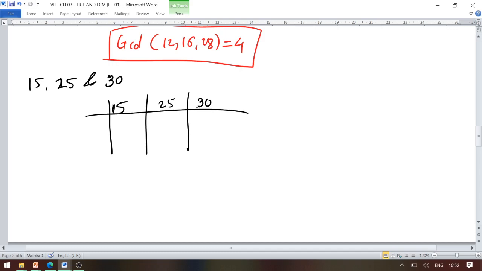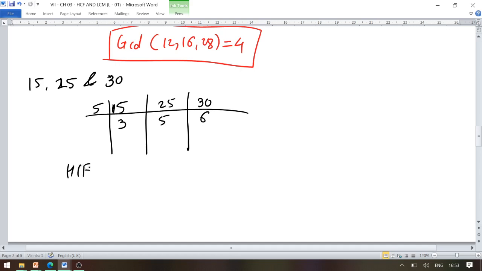So 15, 25 and 30, all three numbers are divisible by 5. 5 3s are 15, 5 5s are 25 and 5 6s are 30. Next we have the numbers 3, 5 and 6 and there is no common divisor of 3, 5 and 6 together. Hence our vertical division is finished.